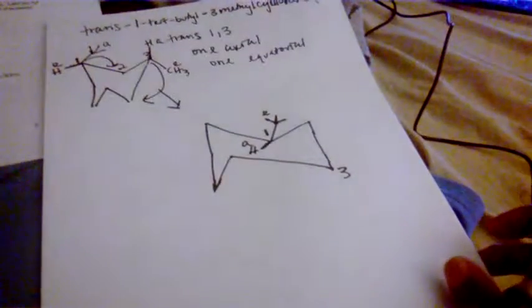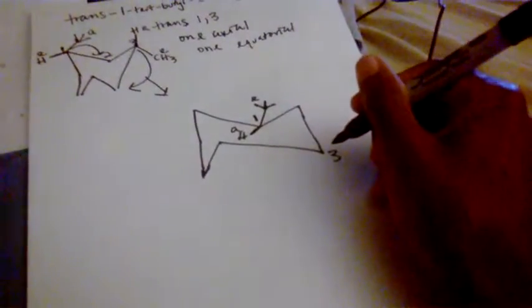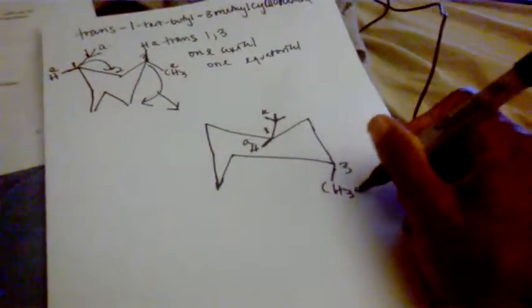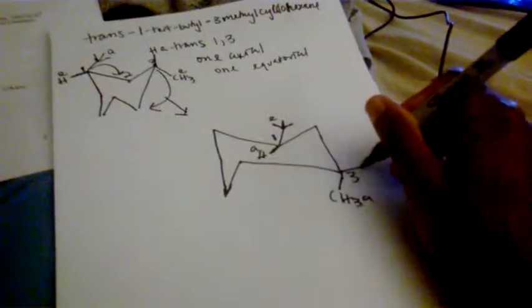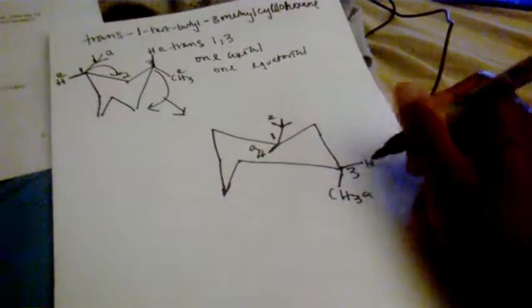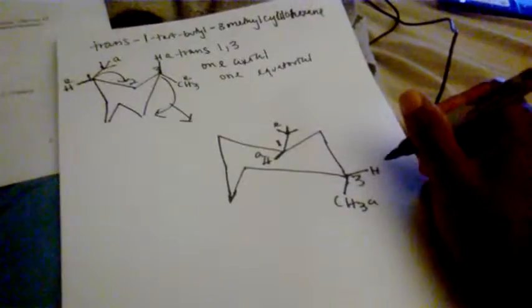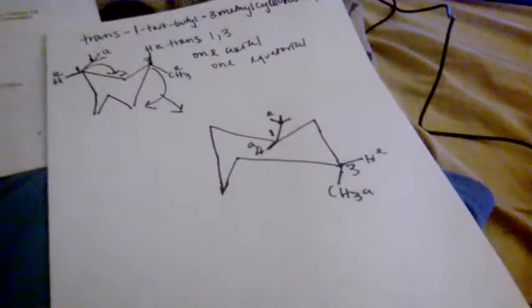That's why I recommend drawing the hydrogens. And then this one was down and equatorial before, so now it's going to be down and axial after. And then I'm going to draw this hydrogen up and off to the side, but not completely straight up, so you can tell that it's not axial.